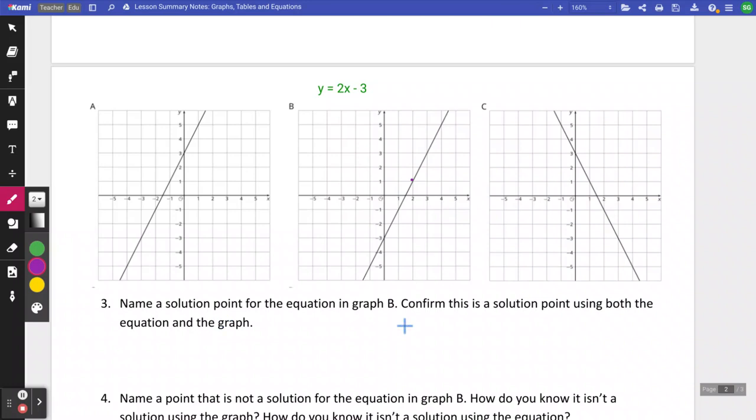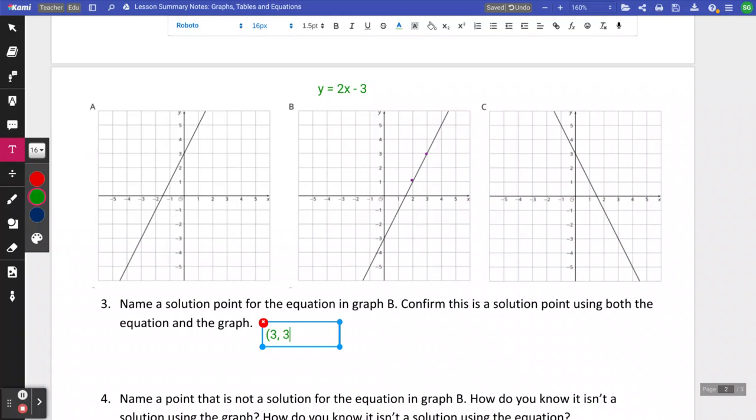If I look at my line here, I can find a lot more points that are easy to identify the coordinates for, like this point right here. Because that point's crossing those graph lines exactly, I can see that the coordinate (3, 3) could be another solution we list. I used the graph to find a point that lies on the line.